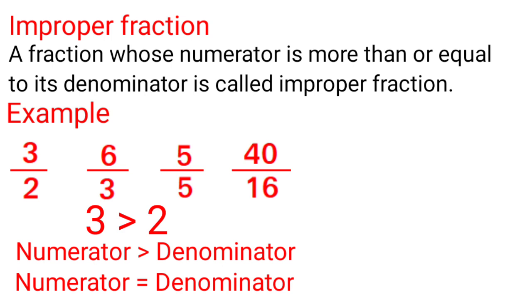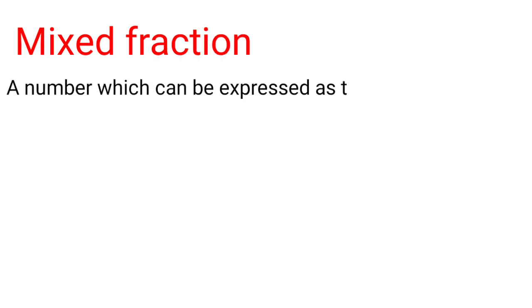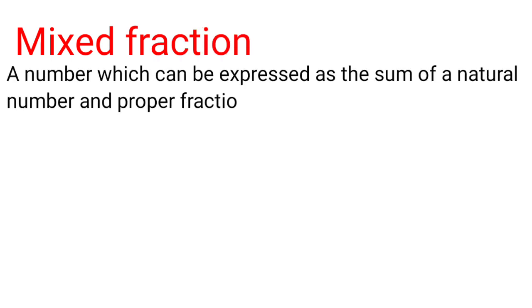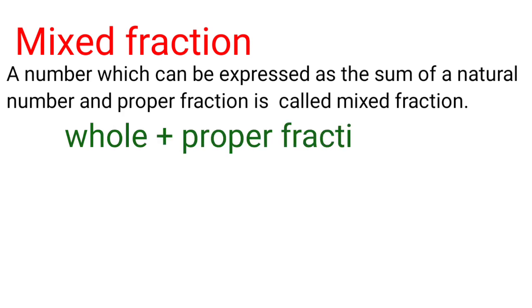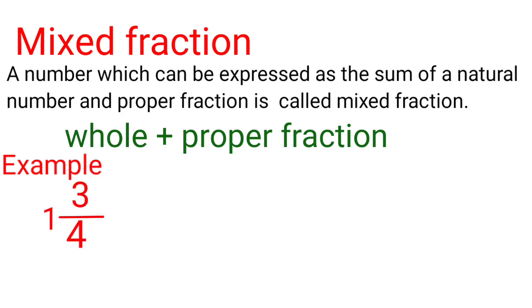Next one, mixed fraction. A number which can be expressed as the sum of a natural number and a proper fraction is called a mixed fraction. That means it is the combination of a whole number and a proper fraction. For example, 1 whole 3 by 4.